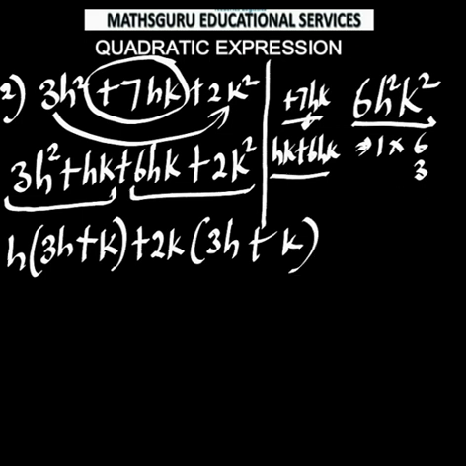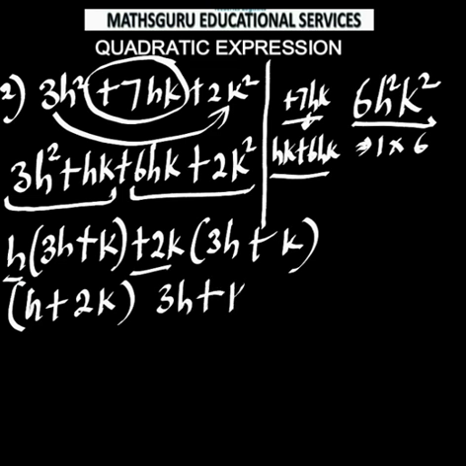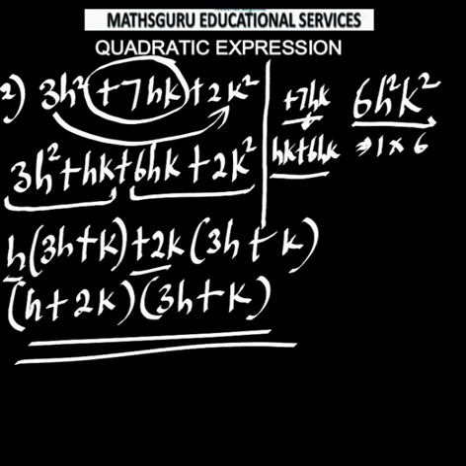Let me wipe off some terms here so we can see our main expression. Now we are going to pick the terms outside. We have h plus 2k, h plus 2k, and then 3h plus k. Any of these in the bracket, they are the same. So this is the final expression.